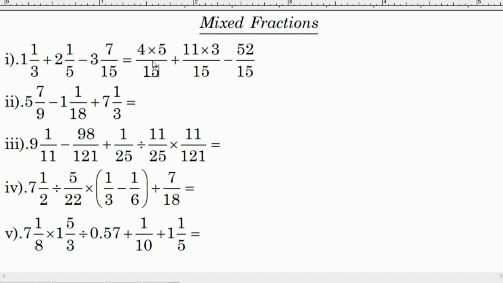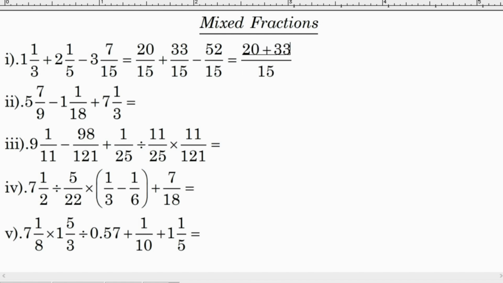Now we have the same common denominator, which is 15. 4 multiplied by 5 equals 20, and here it equals 33. Then we leave the same denominator and take the numerators: 20 plus 33 minus 52.